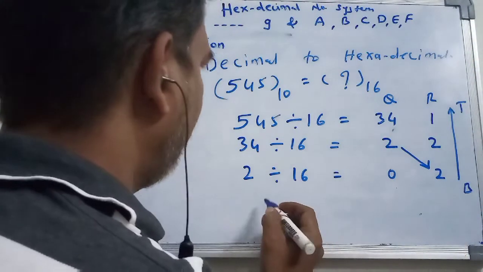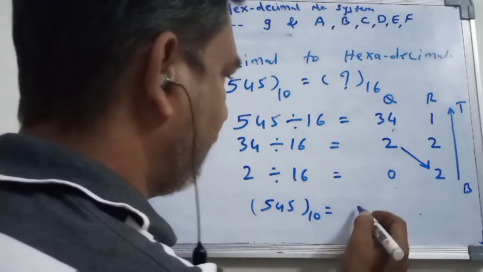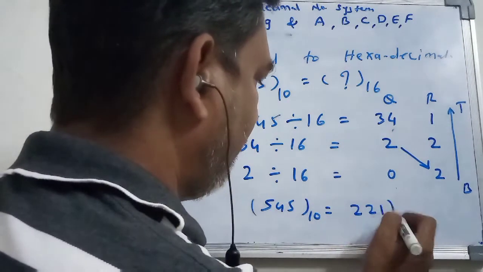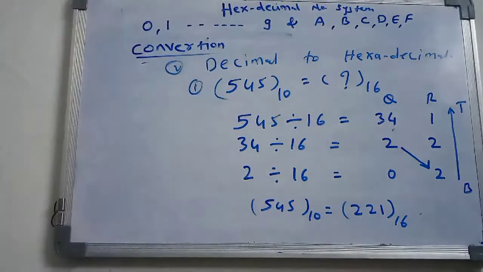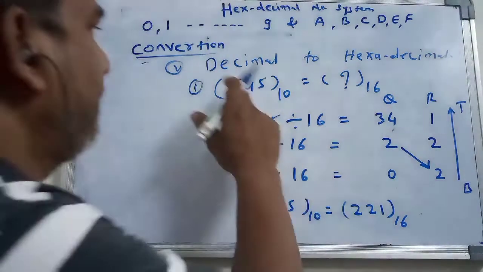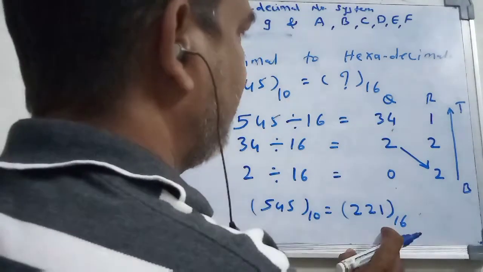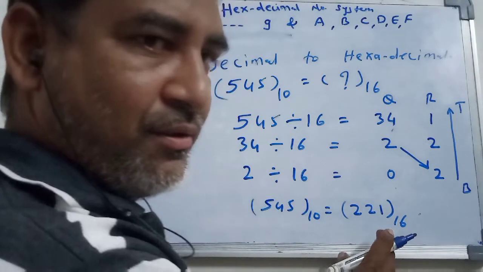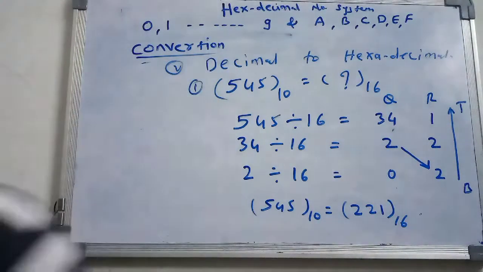I am writing here from bottom to top. Then the conversion you get is 545 with base 10 equal to 221 with base 16. So this is the conversion you have got after converting 545 into hexadecimal.